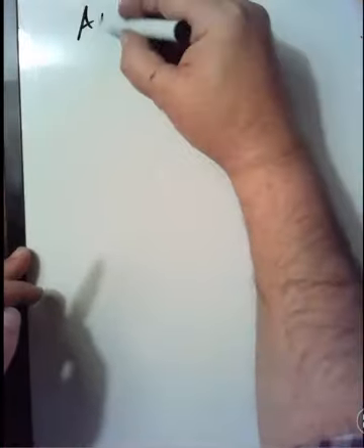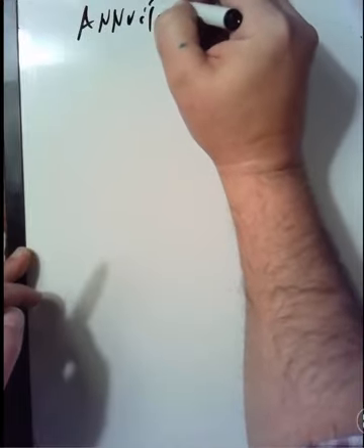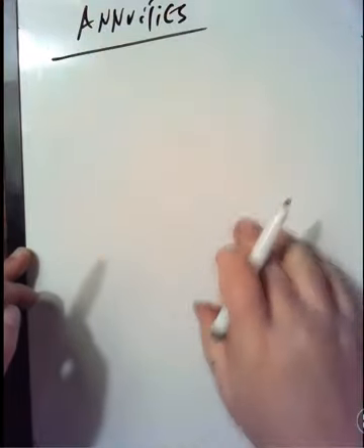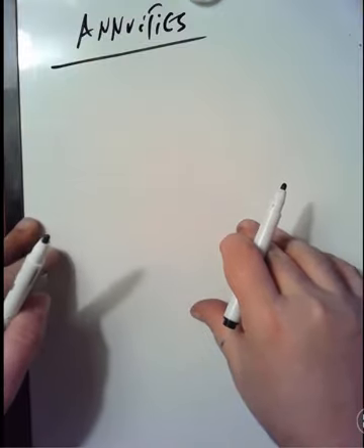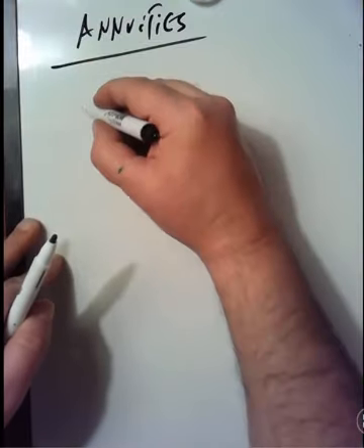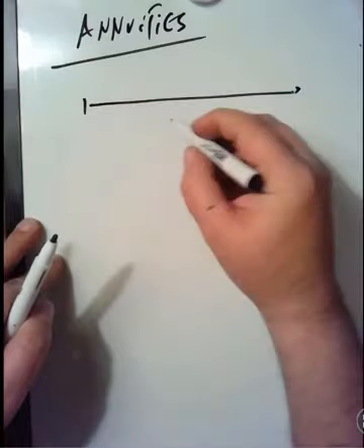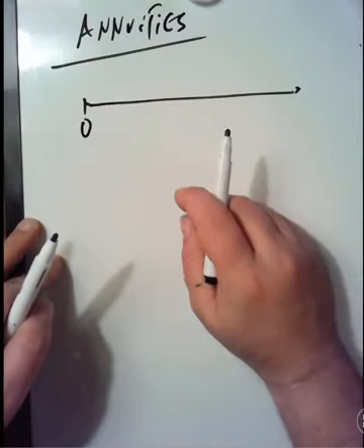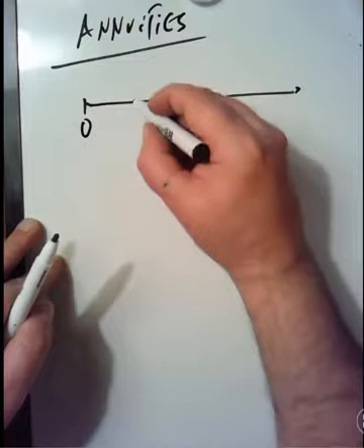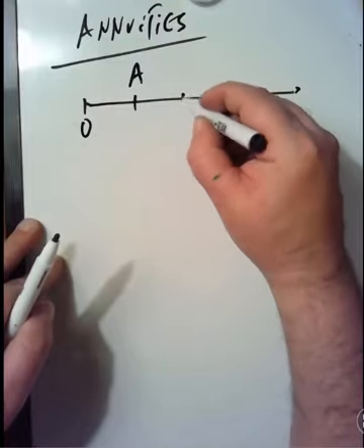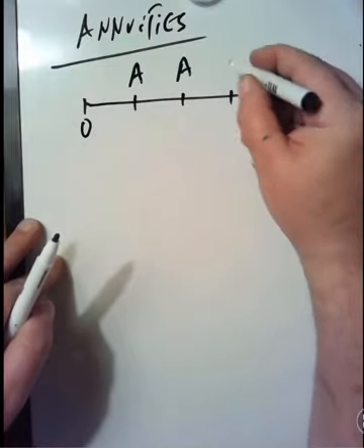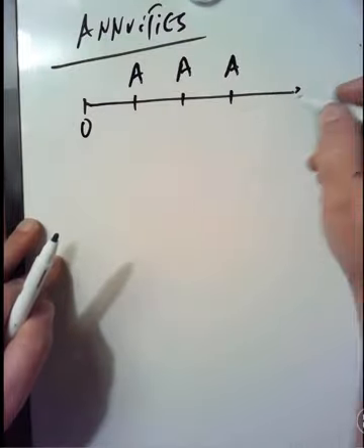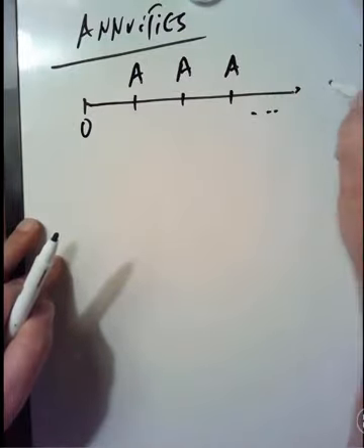Hello. So now let's talk more formally about annuities. An annuity is a cash flow series where the cash flows are uniform through time.